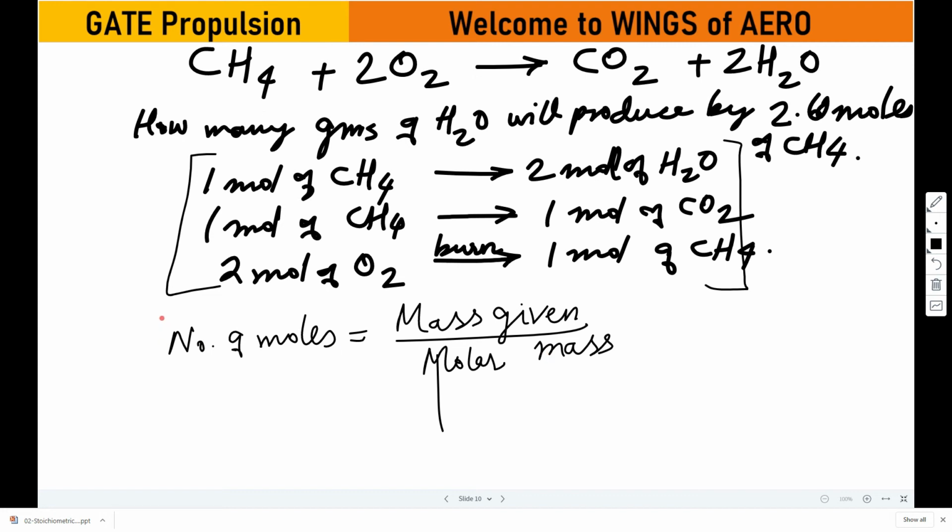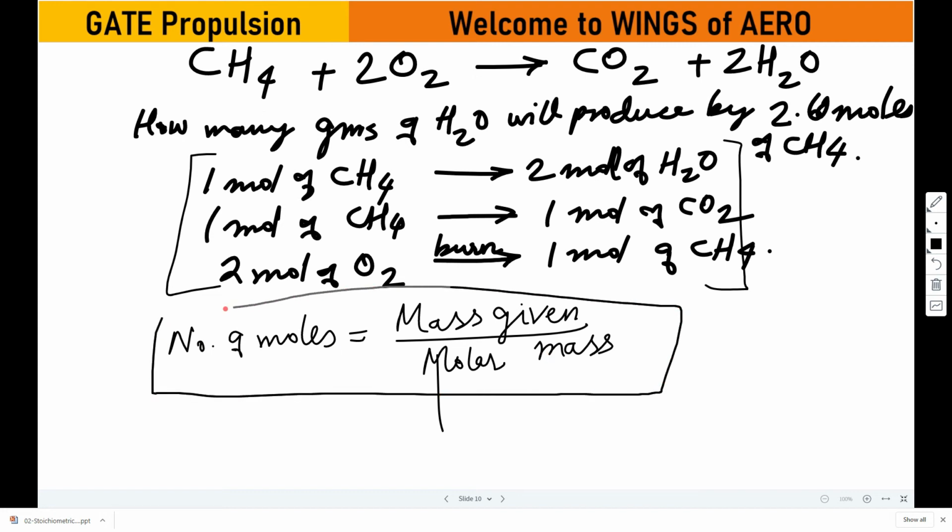This is one of the important formulas. Suppose here they have given the moles. If you know the molecular mass of CH4, then you can find how much mass will be produced by this CH4. Could you understand what I'm telling?